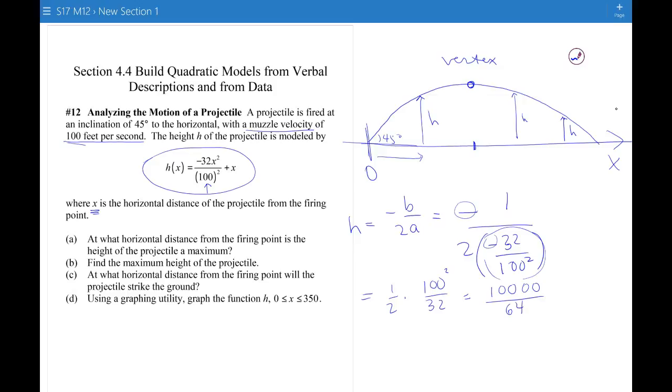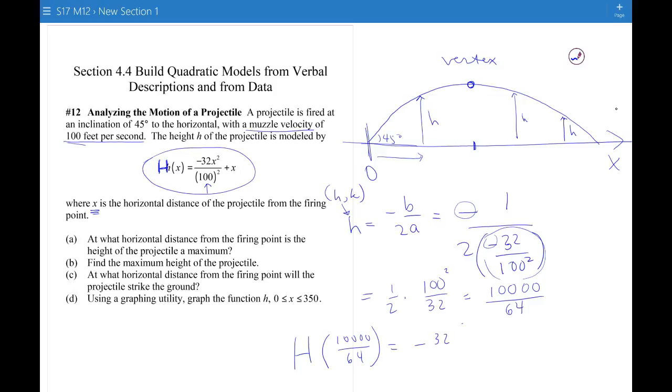So this is the x coordinate where the vertex happens. So this is the highest point of the projectile, and it's going to happen when x equals this number. And then to find the maximum height, and this is confusing that this is h, this is the vertex h, k. Let's make this one capital H. So capital H of 10,000 over 64 says plug in 10,000 over 64.